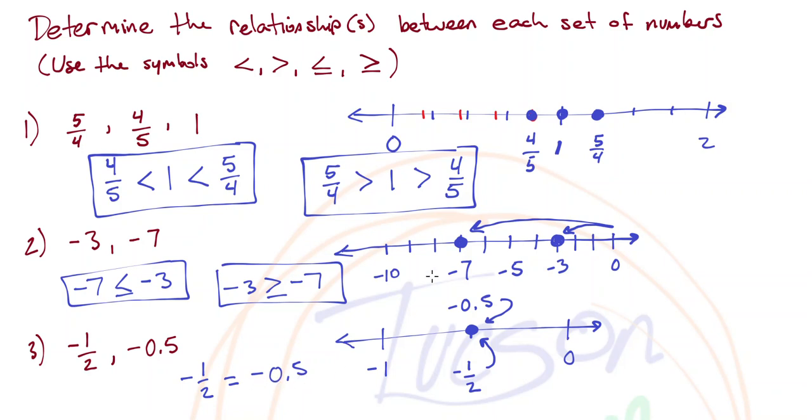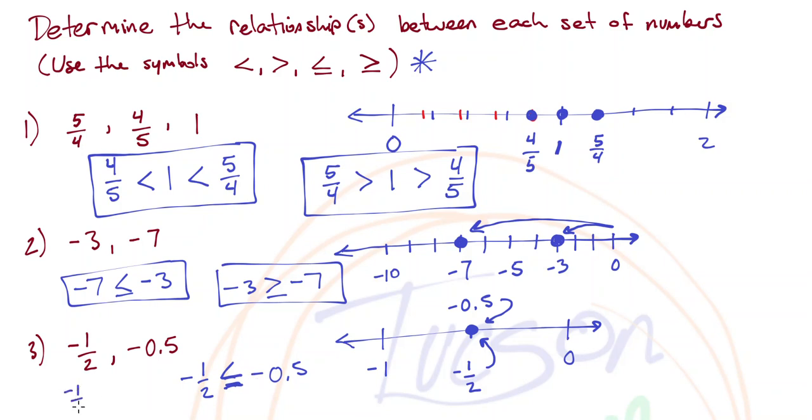But look back at the directions. We were not given the option of equal. So we need to come up with a symbol to put in there that says that they are equal to each other, and the only symbols we have are the less than symbol, less than or equal to, or the greater than or equal to.